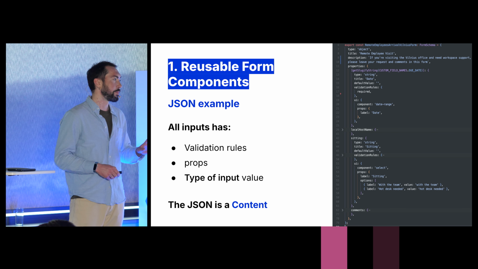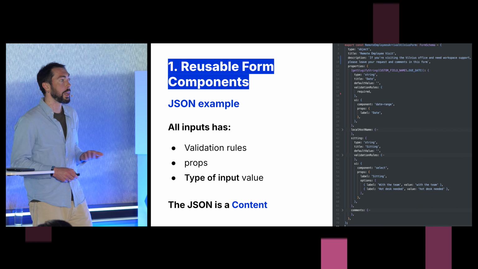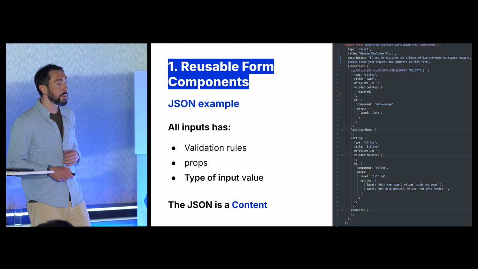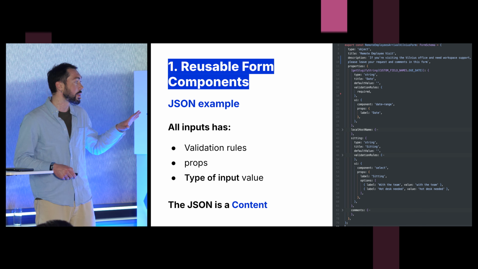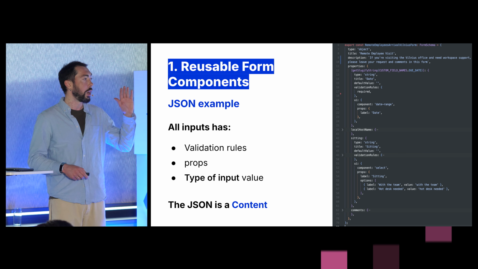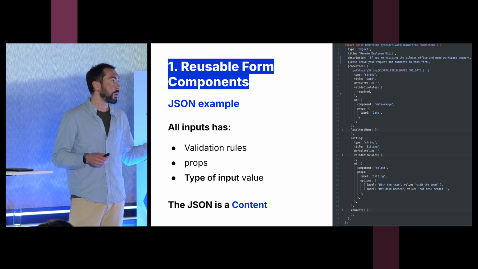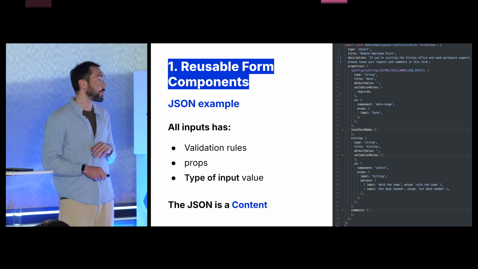This is a brief, short example of JSON. This is one input, a second input, and each input has its own validation rules. Each input has its own props and, of course, a type of input.